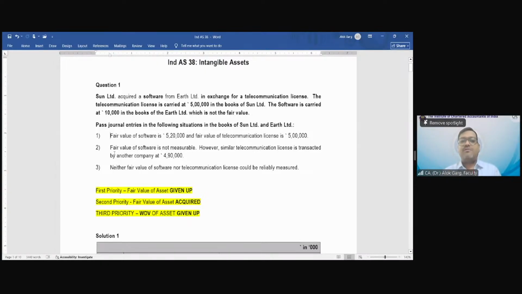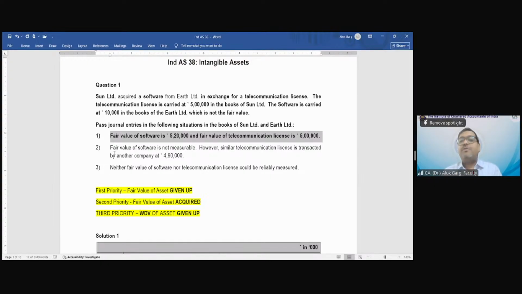In situation number 1, fair value of the software asset acquired is 5,20,000 and fair value of the telecom license asset given up is 5 lakh. What is the accounting entry? Software account debit to telecom license 5 lakh.